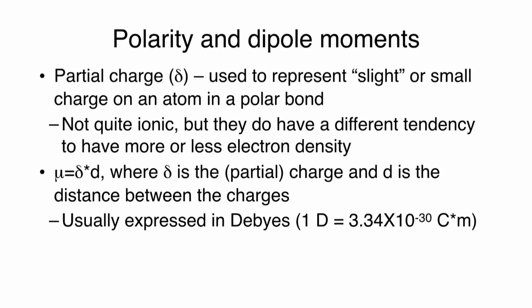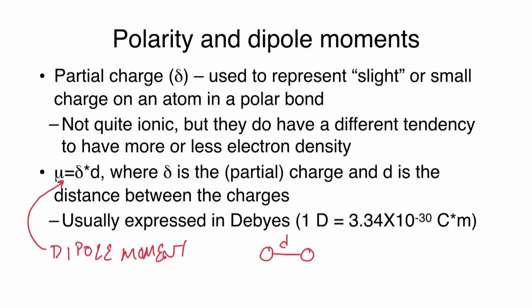We're going to use the Greek letter mu here for the dipole moment. Lowercase delta is the partial charge, and d is the distance between the charges. If you have an atom here and another atom here, this would be the distance between them. A typical unit for a dipole moment is something called a debye.